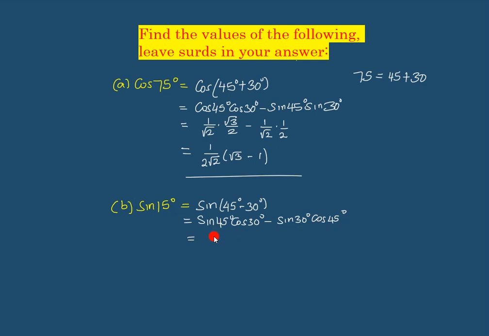Now the sine of 45 is 1 over root 2, cosine of 30 is root 3 over 2, minus sine of 30 is 1 over 2, cos of 45 is 1 over root 2. And still we have 1 over 2 root 2 into root 3 minus 1.